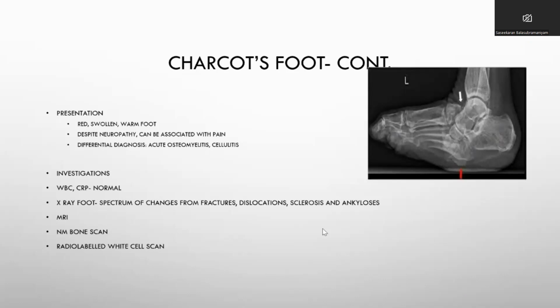If you take an X-ray, there are old fracture changes. If the white cells and CRP are normal and you are not doing a wound debridement, thinking that this is osteomyelitis, you are not doing any harm. So better to wait and get some expert opinion. These patients need further imaging, MRI, bone scan, a lot of things. And the main treatment is rest and offloading.